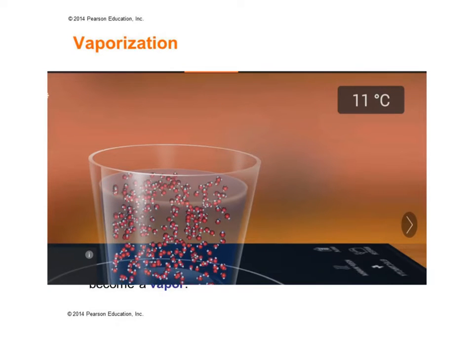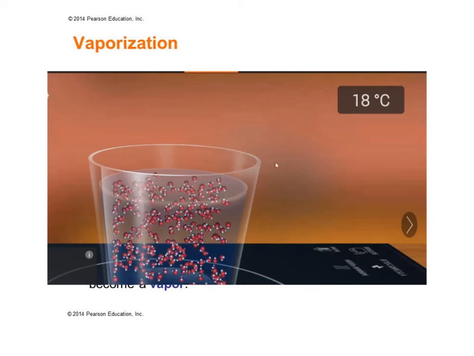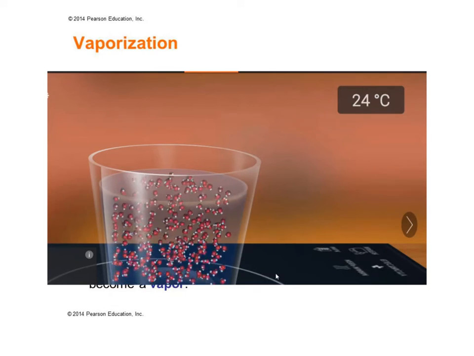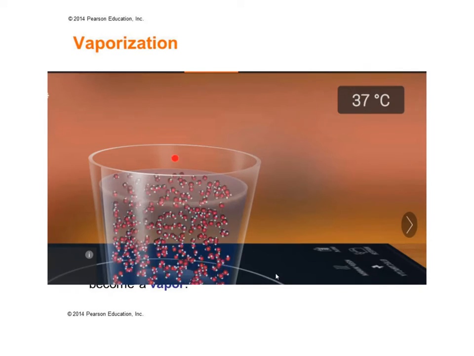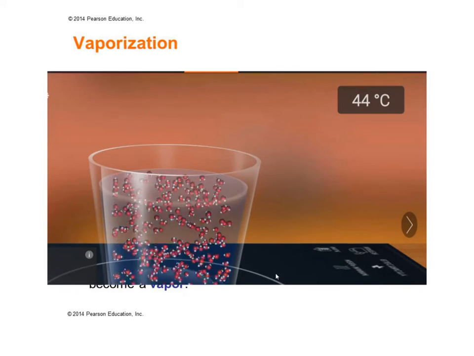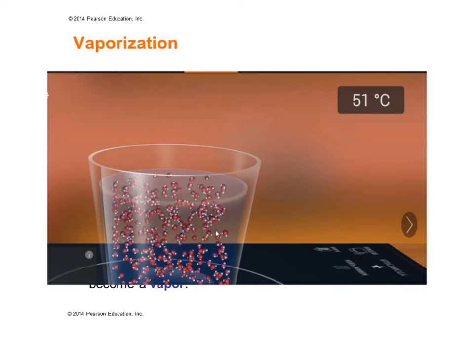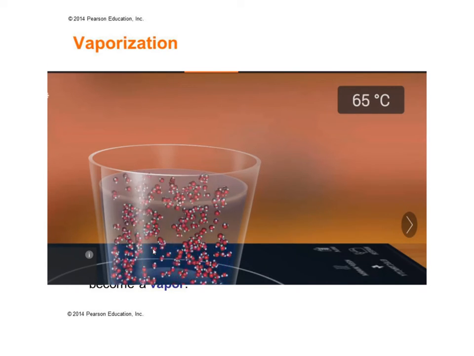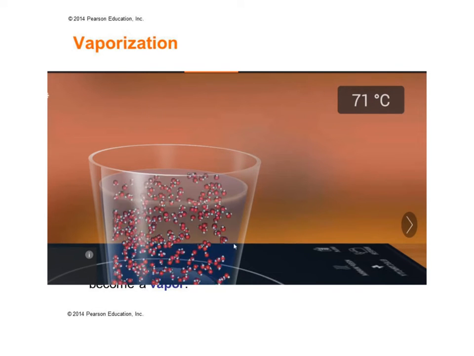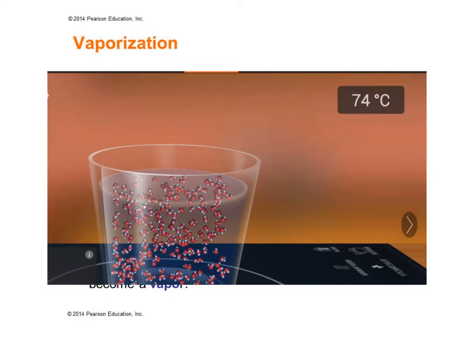I'm going to let that play right now, and you can see it's moving around. As the temperature increases, you'll see molecules getting more energy and springing forth, and you can see them leaving. And as the temperature gets higher, more and more of the population have enough energy to break free, and that's what evaporation essentially is.